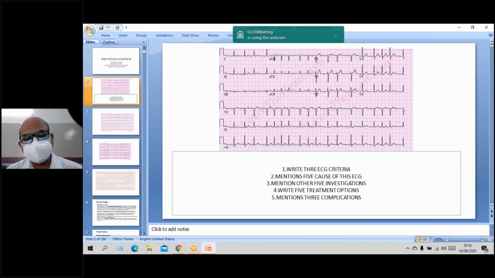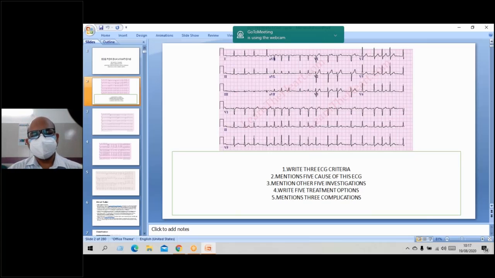In the last one, mention complications. What are the complications of atrial fibrillation? One of the most important complications is thromboembolic manifestation, usually systemic, because the patient may present with stroke or peripheral arterial disease or mesenteric ischemia, a lot of causes.